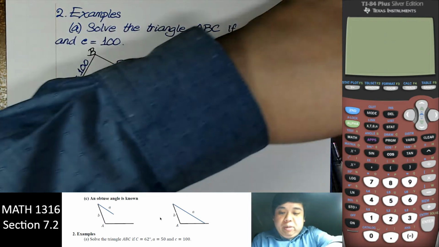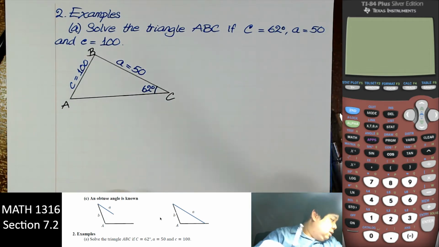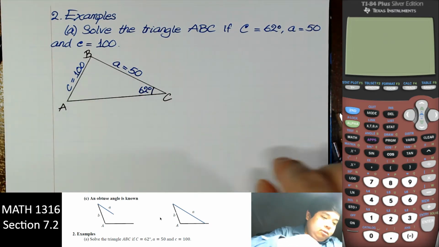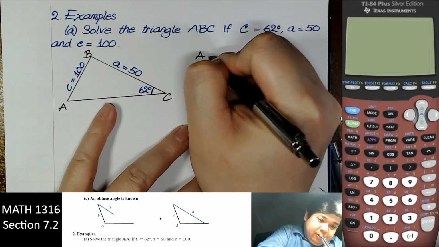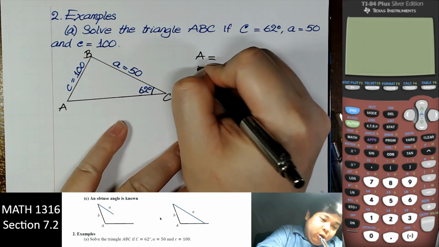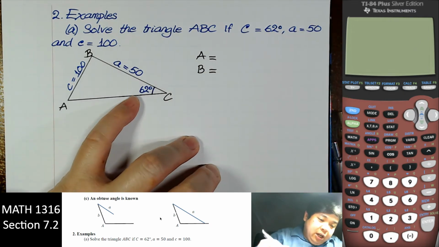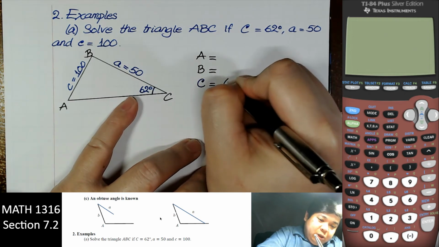Solve the triangle, meaning that we find all the missing information. Let's write it down. We don't know angle A, don't know angle B, angle C is 62 degrees.